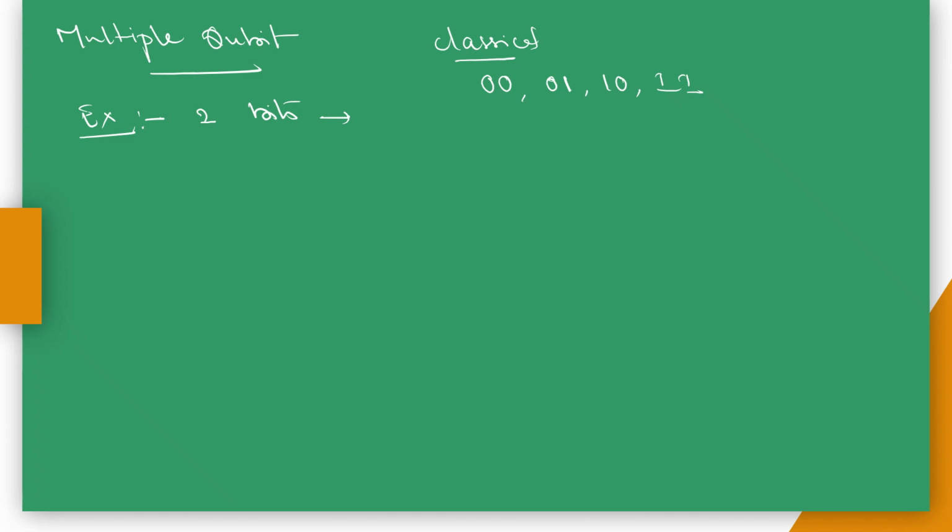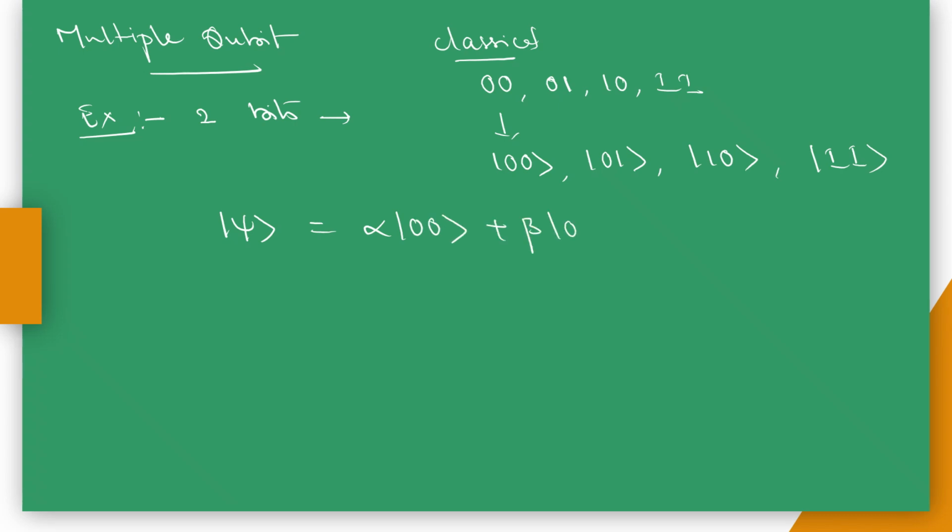Whereas in the case of quantum, for a 2 qubit system, these are represented as state 00, state 01, state 10, state 11. But the advantage of quantum computing is that it's not individual; it is represented as a superposition of all these states: alpha state 00, beta state 01, gamma state 10, delta state 11.